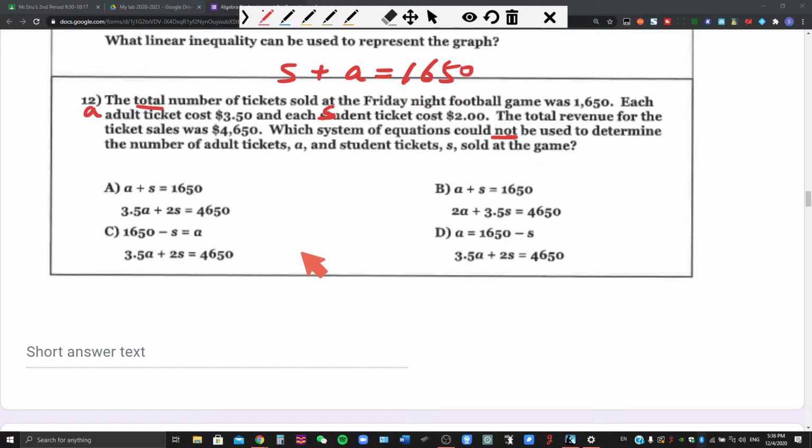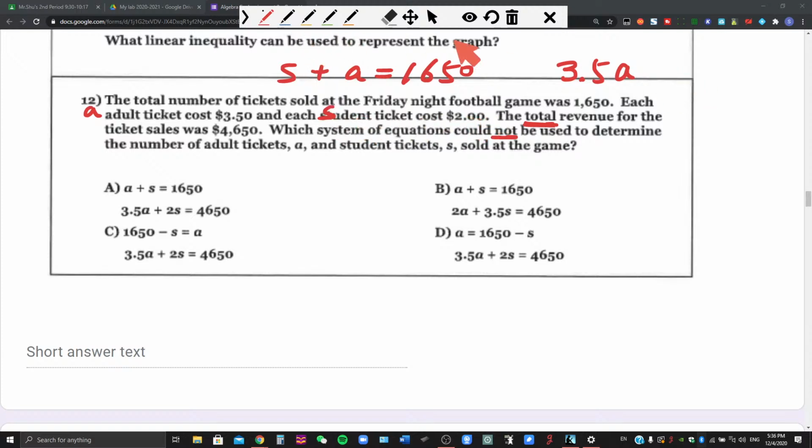That will be one equation. And second, that's going to be the total revenue. That will be the revenue from students and the revenue from adults. For adults, each ticket is $3.50, so the revenue will be $3.50 times the number of adult tickets, A. And for the student revenue, each ticket costs $2.